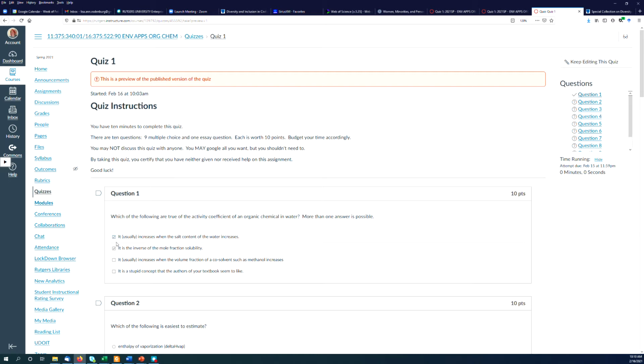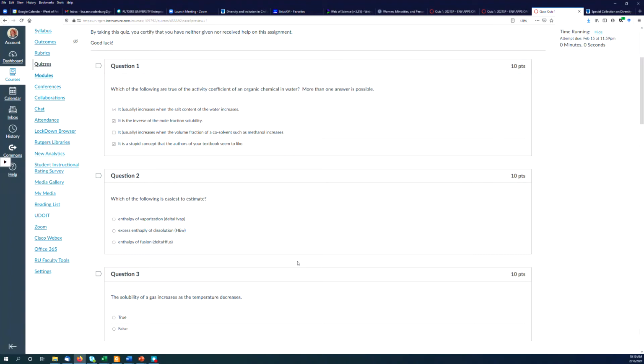So that's true. When the volume fraction of a co-solvent increases, more co-solvent should increase the solubility, and increased solubility would decrease the activity coefficient. So that's not true. It's a stupid concept that the authors of your textbook seem to like. That was also true, but I didn't take any points off if you didn't choose that one.